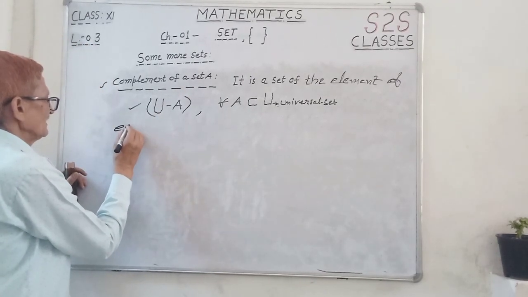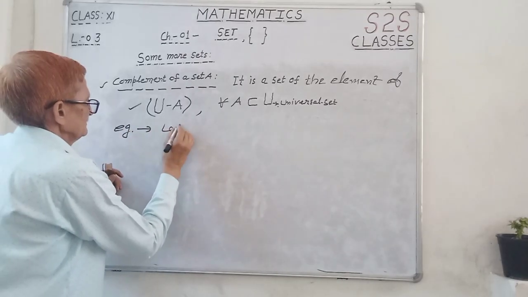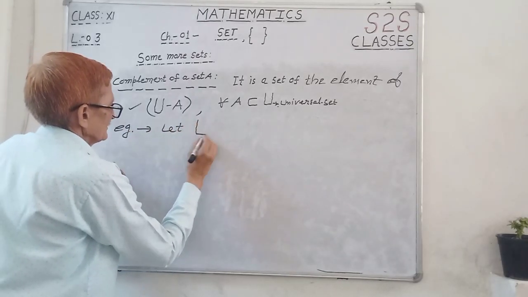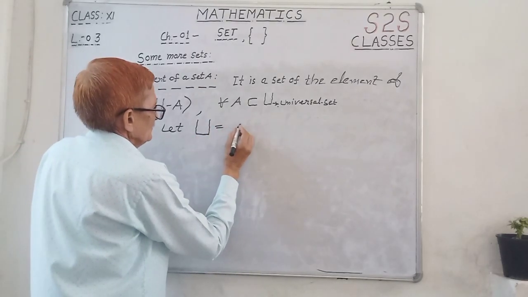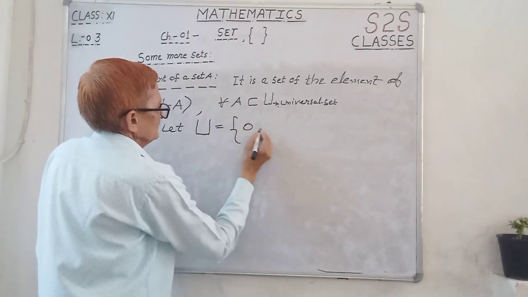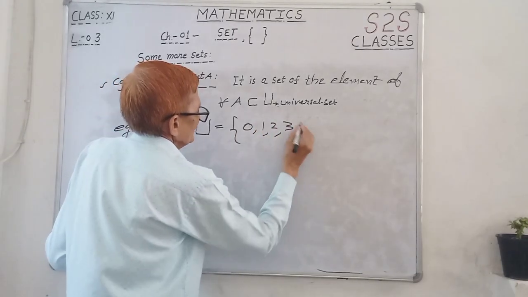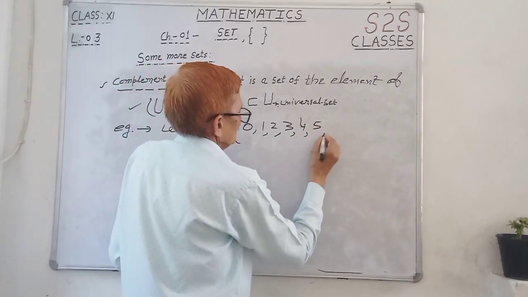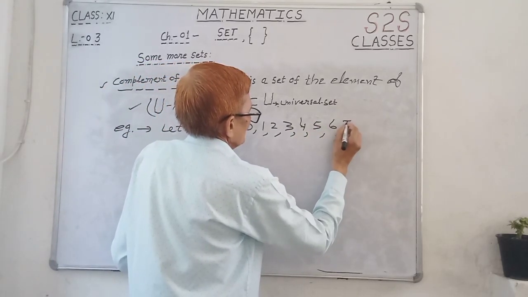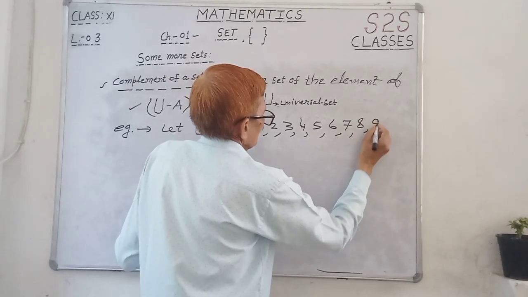You will understand with an example. Let the universal set be equal to all digits 0, 1, 2, 3, 4, 5, 6, 7, 8, 9.